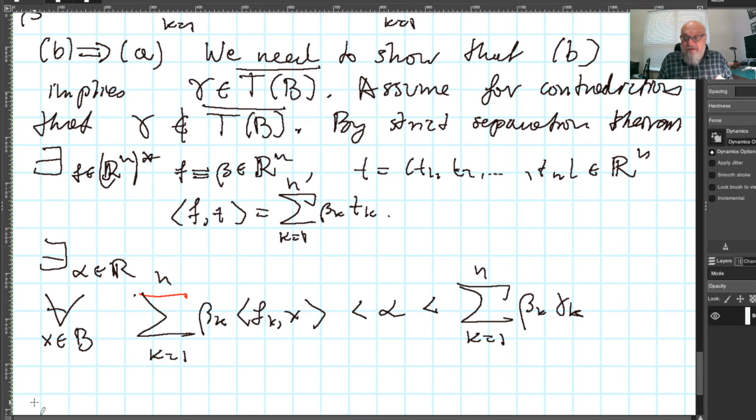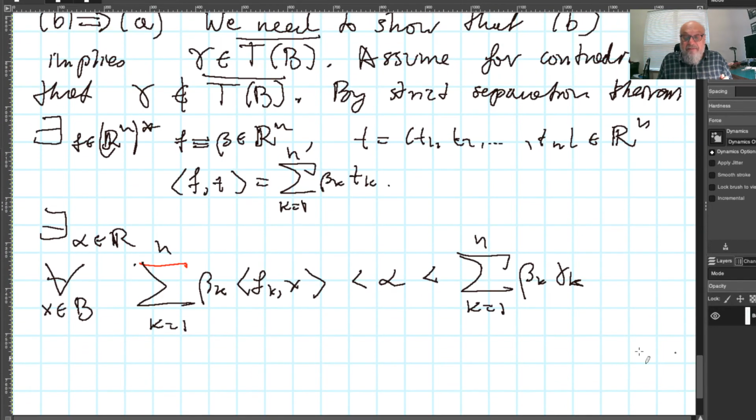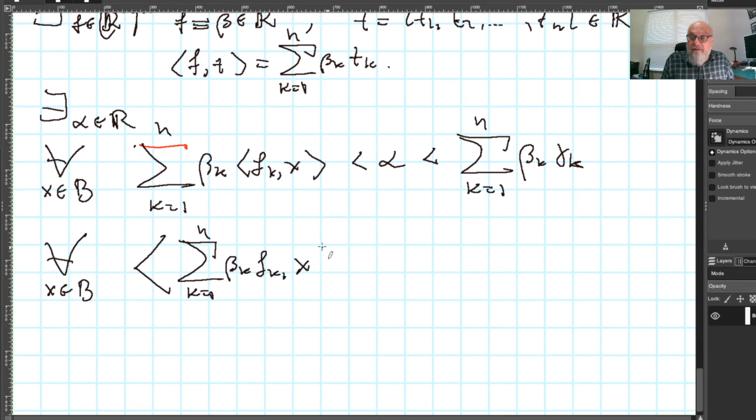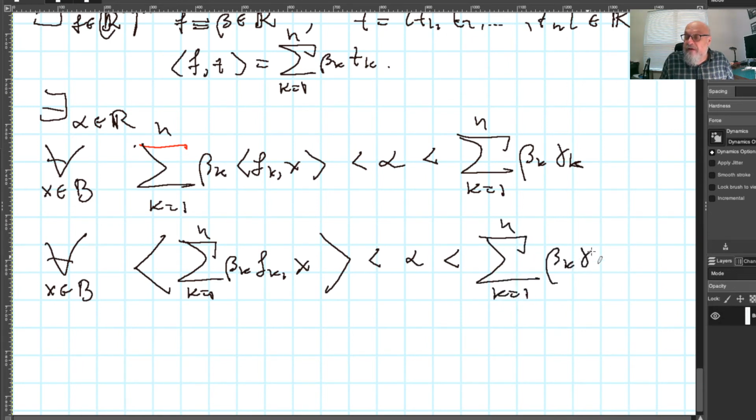And that's true for every x. So maybe let me rewrite it in a different form, for x in B, and now I put it like that: the sum goes inside, sum k equal 1 to n of beta k fk(x), smaller than alpha, smaller than the sum k equal 1 to n of beta k gamma k.